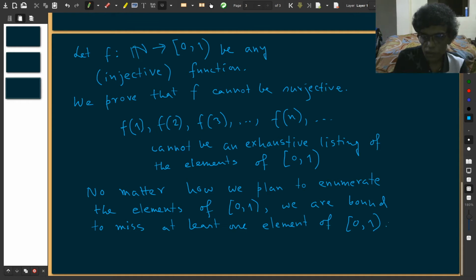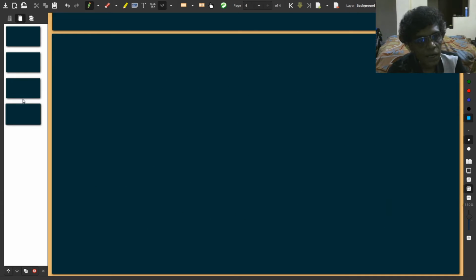So exhaustive listing, exhaustive counting of the elements of the set is not possible. Okay. So now, with this idea in mind, I propose the first diagonalization proof, but let me start with a picture.